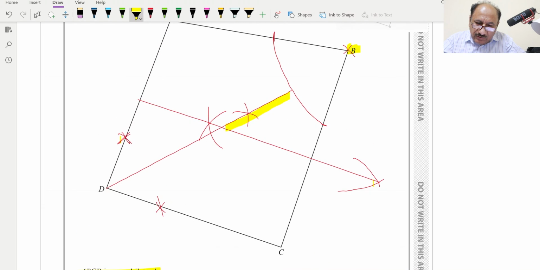If we shade this, this will be the region R, which is inside the quadrilateral and which is more than 4 centimeter from B and closer to B than C, and closer to DC than AD.